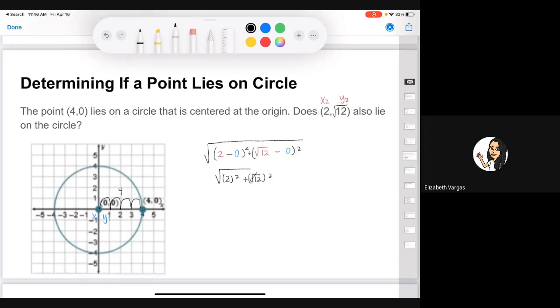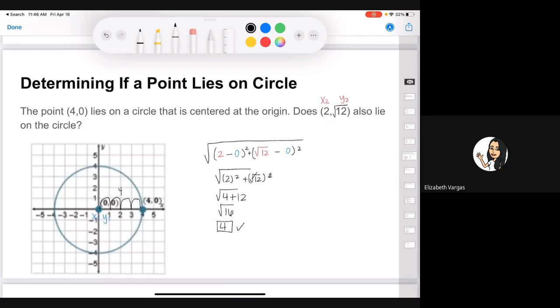The square root cancels that square root out, or the power of 2 cancels that square root out. So it's now 4 plus 12, which is 16. And so your answer is 4. So because my distance matched my radius, that means that that point is in fact it lies on my circle.